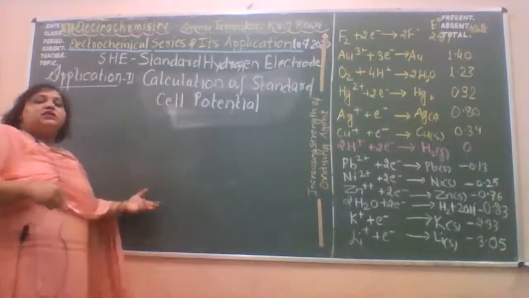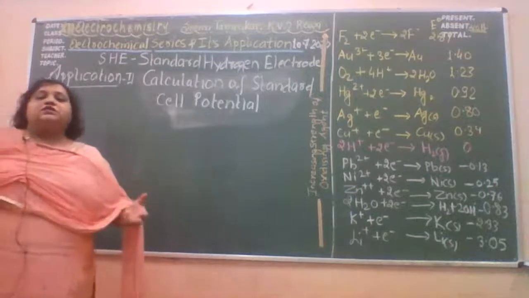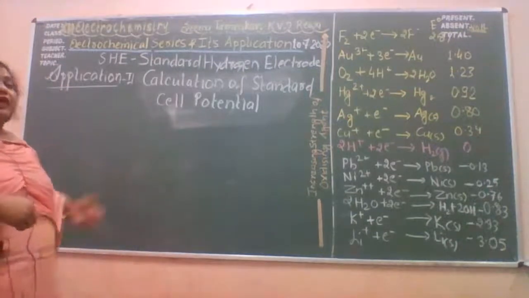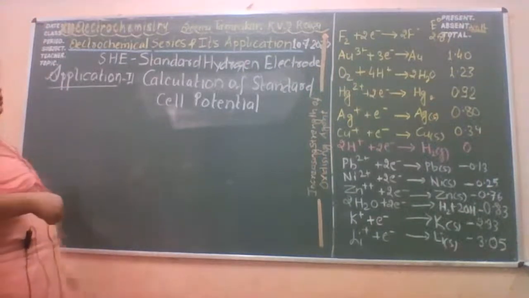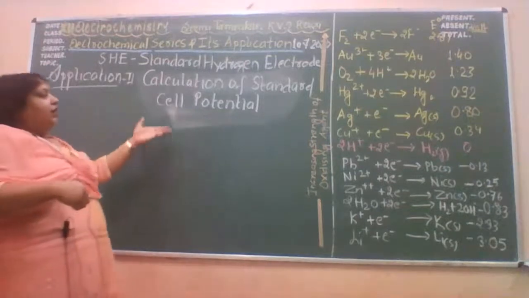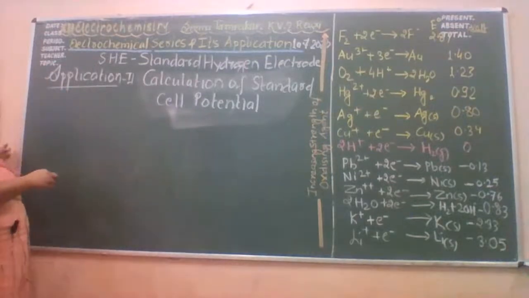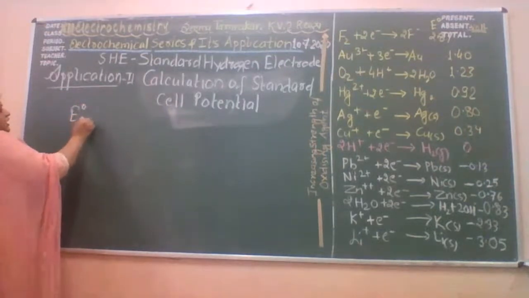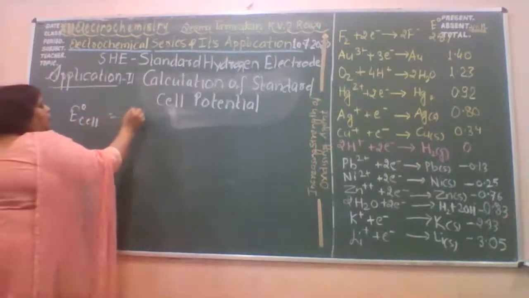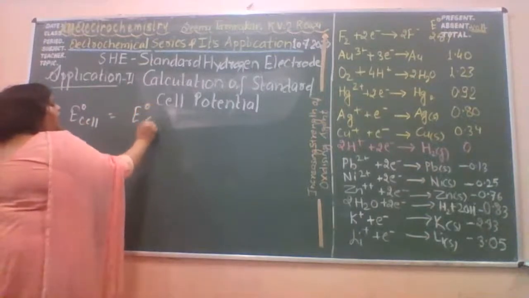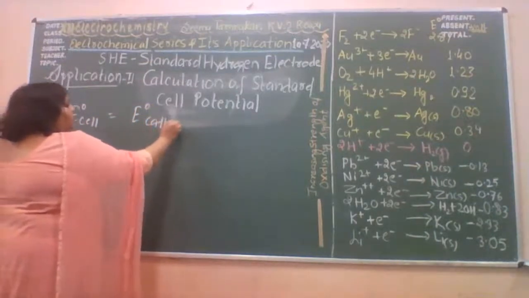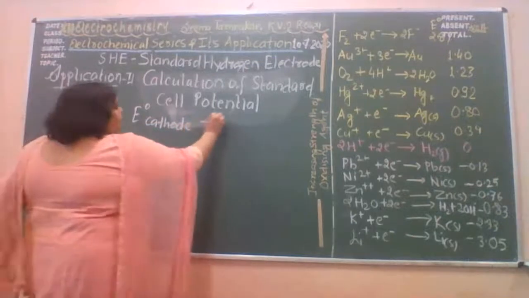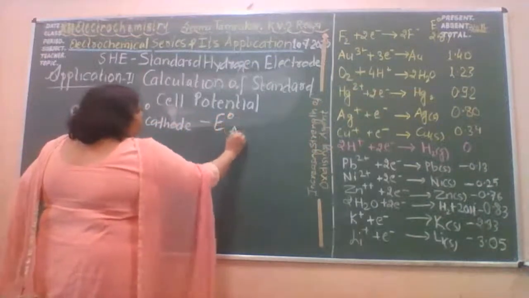Ultimately, this series has been planned for the study of the galvanic cell and the electrolytic cell. So now I think you all remember that E naught cell is equal to E naught cathode minus E naught anode.